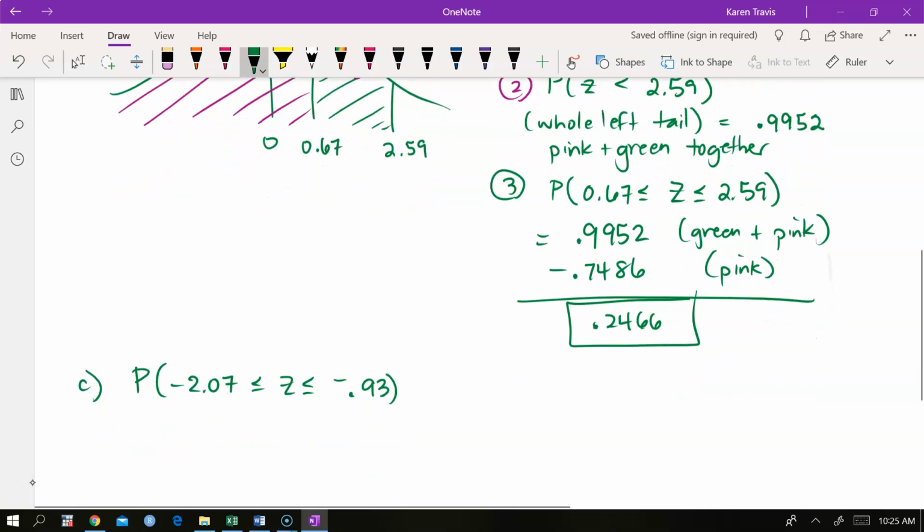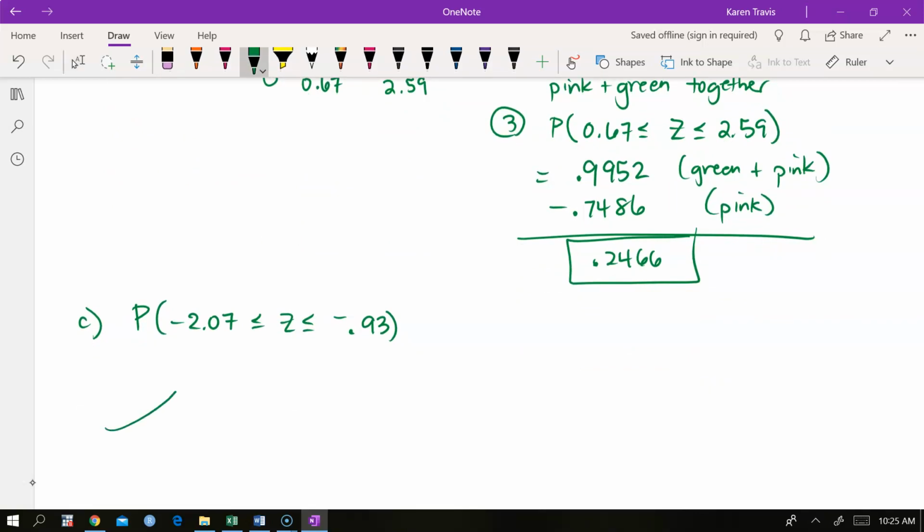This one is on the other side of the mean. So we want the area from a minus 2.07 up to a minus 0.93. And we want just what's in between there. Don't get messed up. Remember, negative 2.07 is farther away to the left from 0 than the minus 0.93.